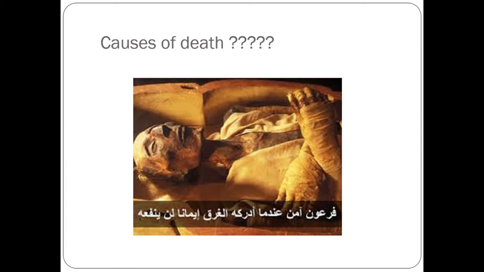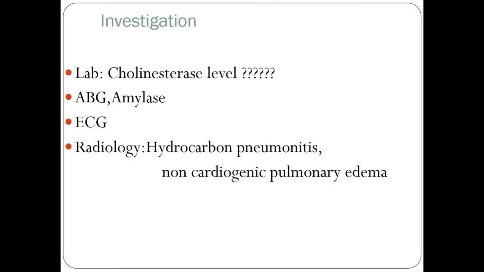There are other rare causes of death in organophosphate poisoning, like arrhythmia, dehydration and electrolyte imbalance, pancreatitis, and others, but the main cause is respiratory failure, and the main cause of respiratory failure is bronchospasm and bronchorrhea.